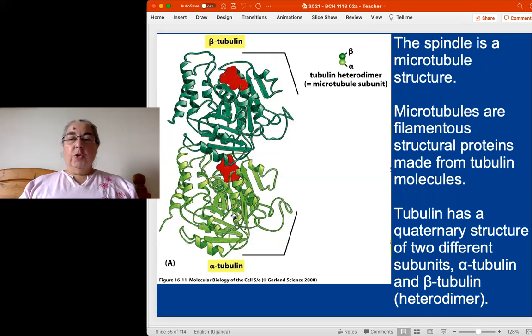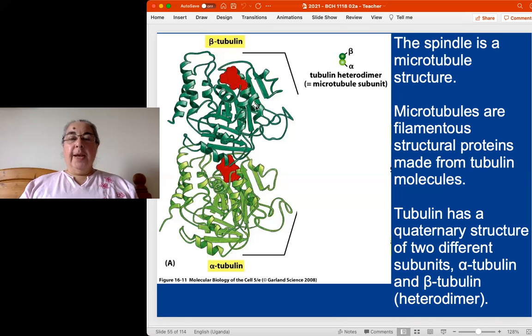So tubulin is a molecule that has a quaternary structure of two different subunits called alpha tubulin and beta tubulin. Very similar structures, but not quite the same. I'm noting a difference in the helix here, for instance.